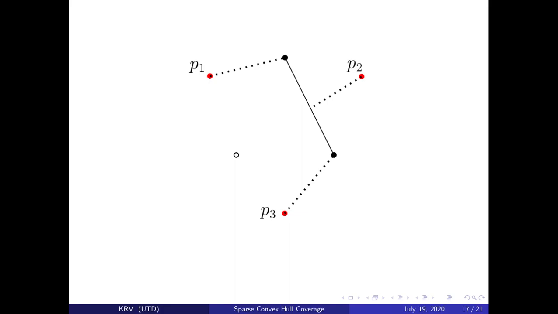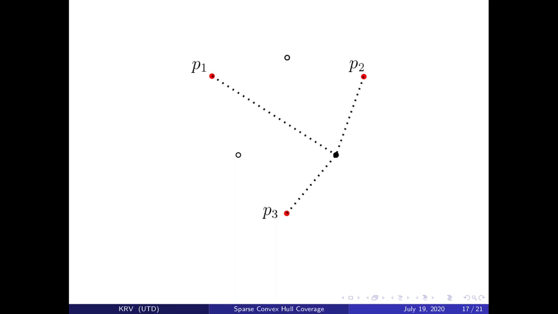However, if there's an edge that is not incident to any vertex in the subset that we choose, then that distance, at least for P1, has increased by more. And we basically just set the distance that we move the red points away from the edge in an appropriate way so that the reduction will go through.